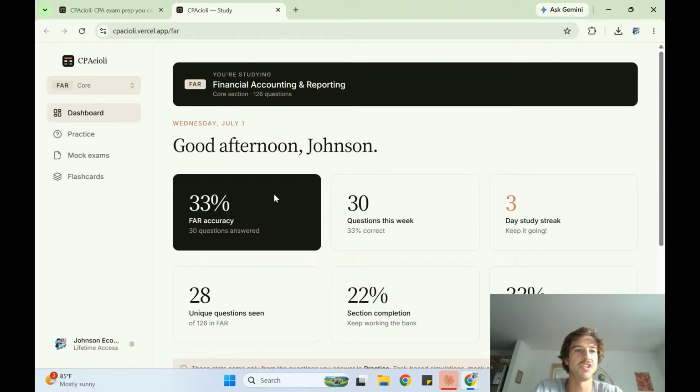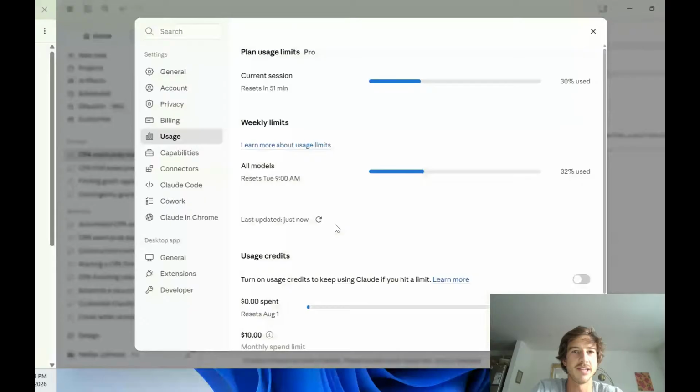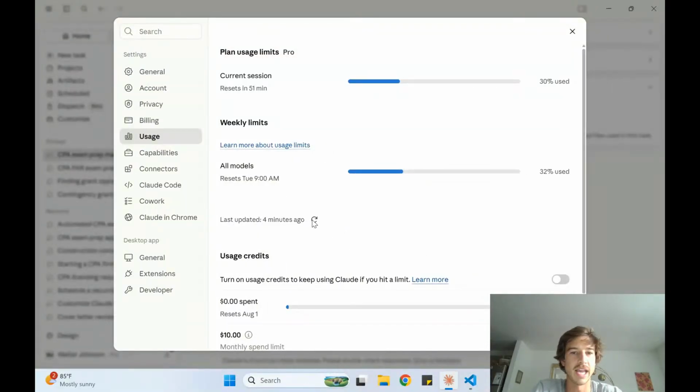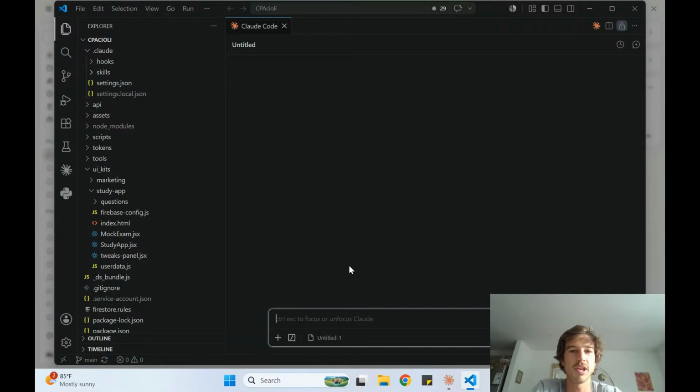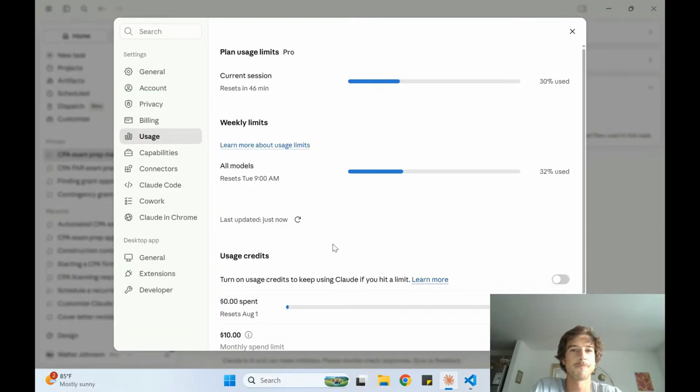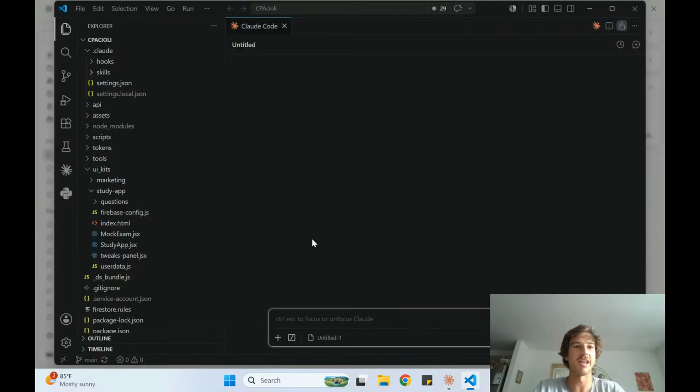I'll probably be multitasking as well because I am also trying to create more questions in Claude Code here, because my data resets in 46 minutes and I want to utilize all the data that I can. So before I get started, I'm going to go ahead and start a prompt.